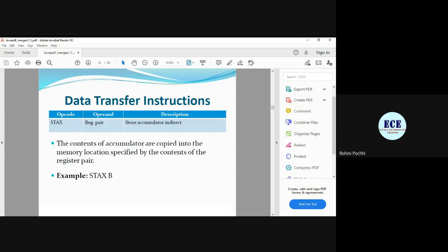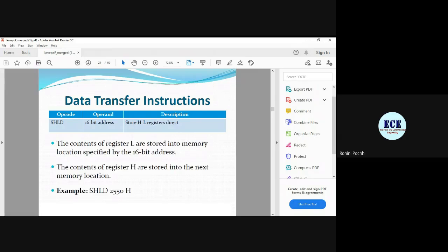Here STAX B indicates that register pair B has a particular memory location stored in it. On that memory location the accumulator data will be copied. So the main function of using the register pair is to store the address of the memory location.